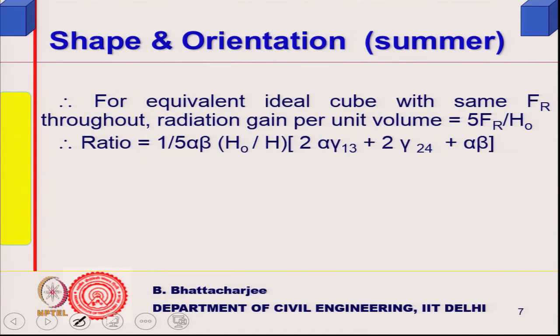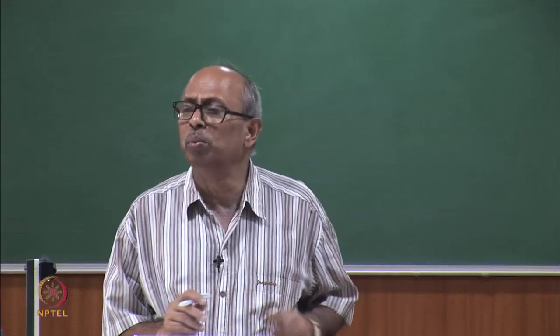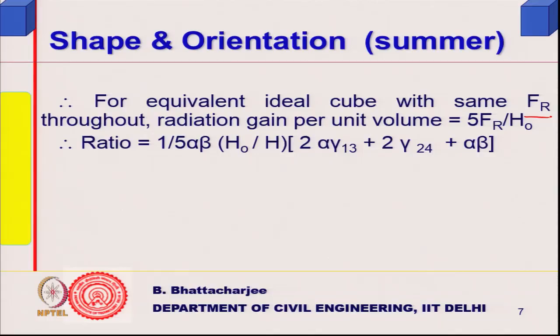Now if you try to find out for an equivalent ideal cube, which has got FR throughout, the radiation gain per unit volume will be 5 FR divided by H naught. Why 5 instead of 6? Because there are only 5 surfaces I am considering. The bottom surface will not have anything.